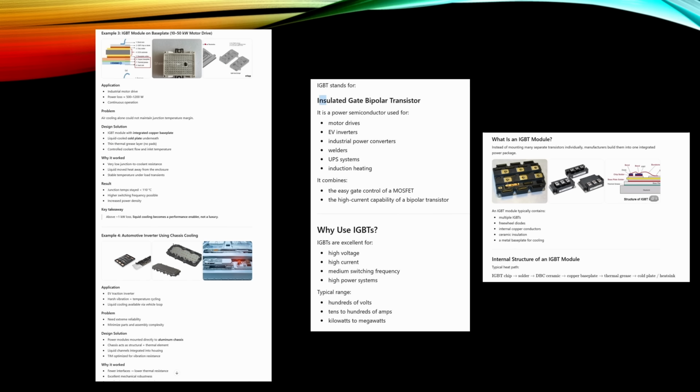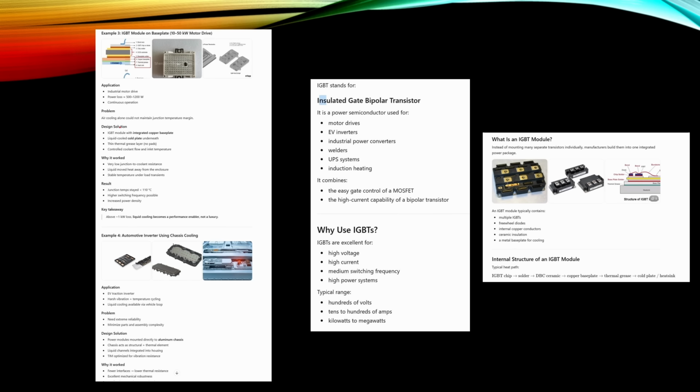Here we have some examples. For example, this kind of module, which is typically used in these applications. The main problem is that air cooling alone is not enough to keep those junction temperatures at an acceptable level.